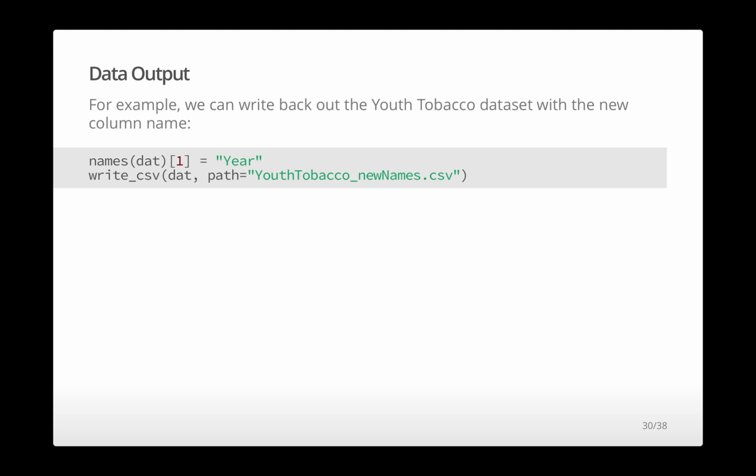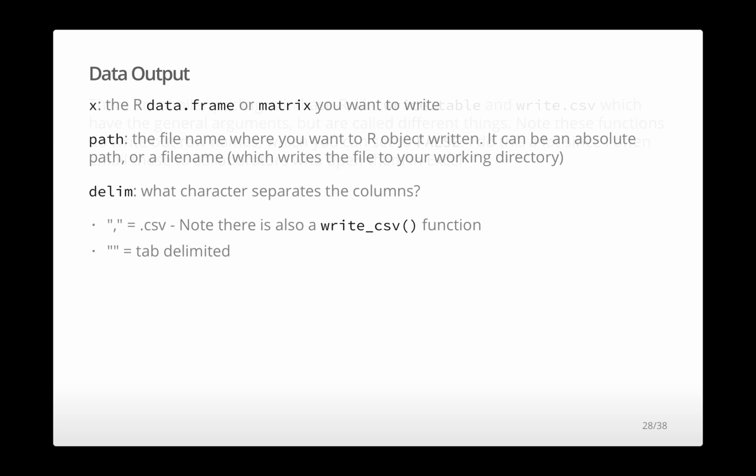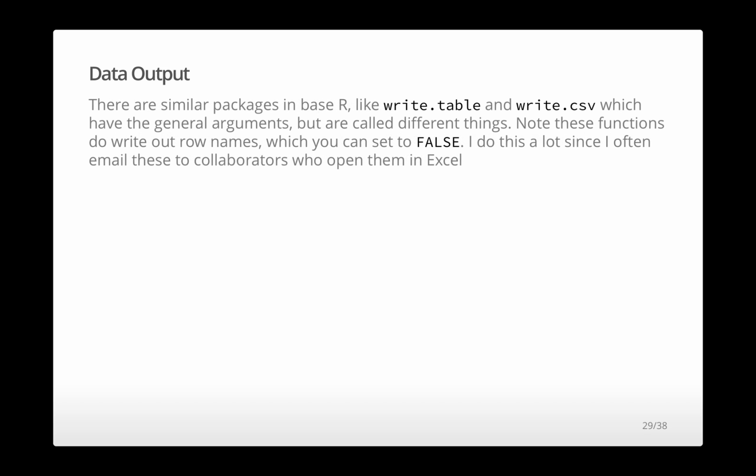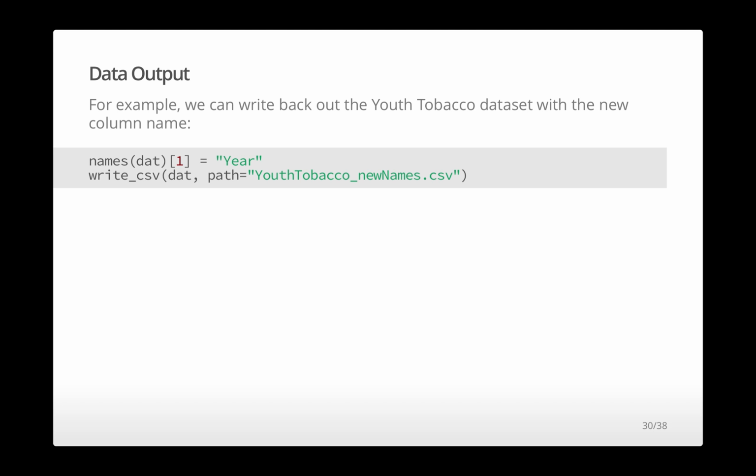So you don't always have to remember the order of the arguments of a function. Like I said before, write_csv takes, for example, the data set, path, delim, what you call missing, append. You don't have to remember the order as long as you remember the name of the argument.